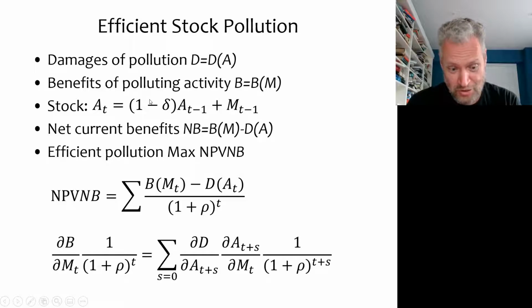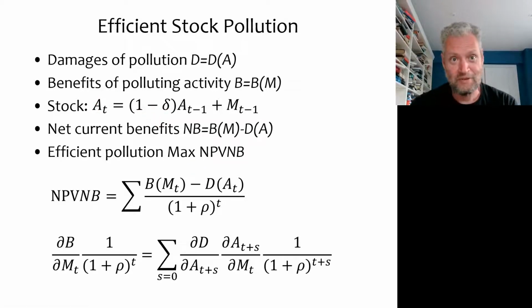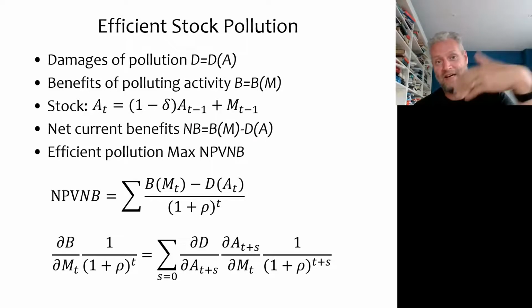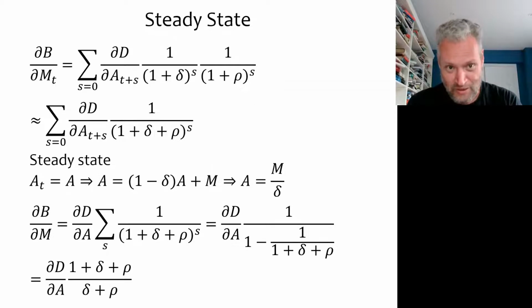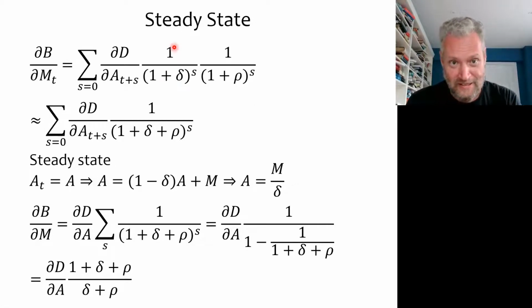So because we assume this first order difference equation, really what we have is that we put stuff into the atmosphere now, a year later 1 minus delta is left, a year after that 1 minus delta squared is left, a year after that, and so on and so forth. So that becomes 1 over 1 plus delta to the power s, right?